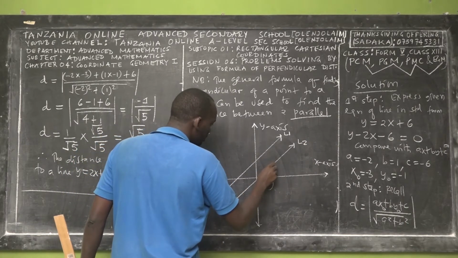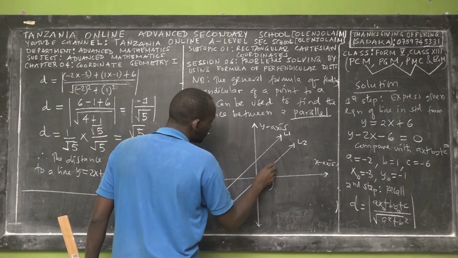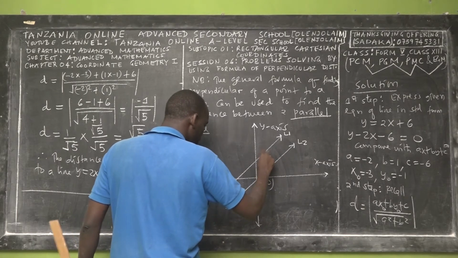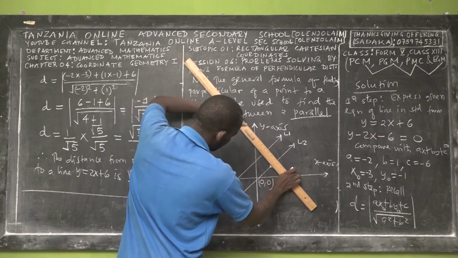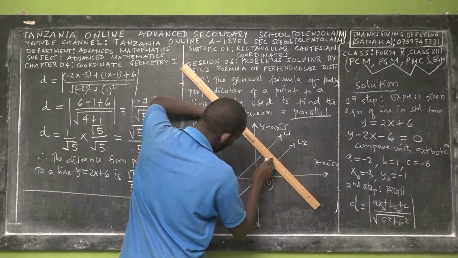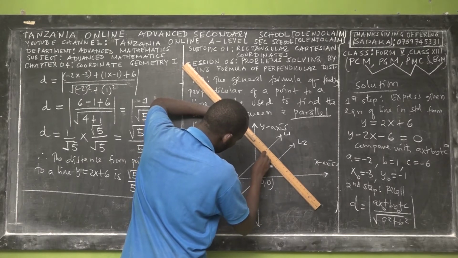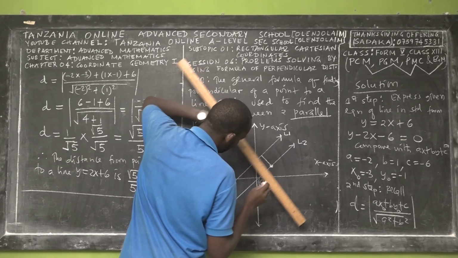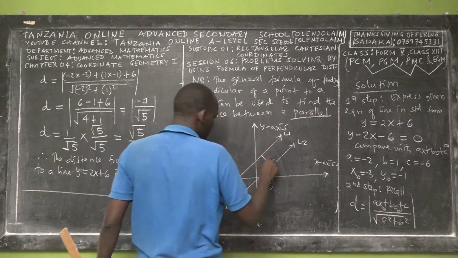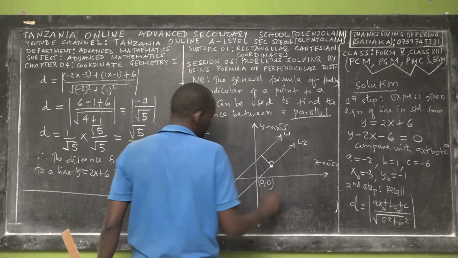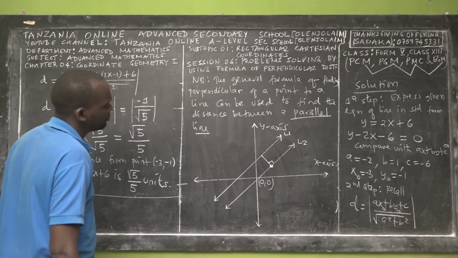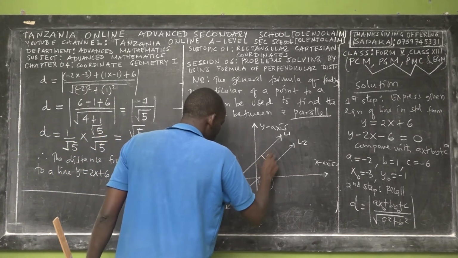So simply you can find the distance between these two lines. This is the perpendicular distance.